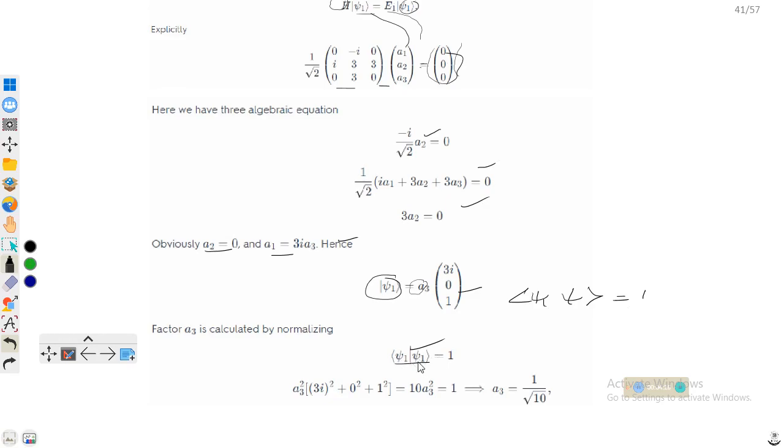So the inner product of psi 1 with psi 1 equals 1. This is the ket form, and we can take its bra form. Multiplying both with each other gives the total probability equal to 1, which gives us the value of A3. We can then use this value of A3 to obtain psi 1.